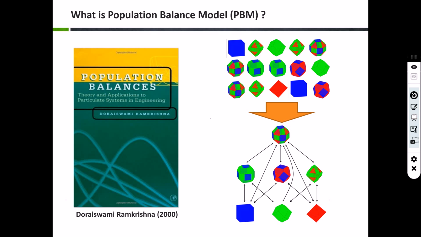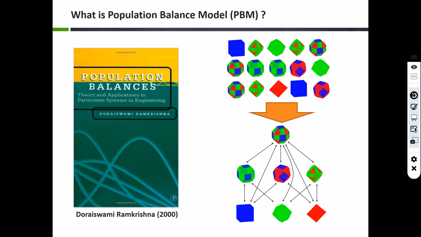But in the population balance model, you can treat, for example, this one here as actually having 3 dimensions. If you want to describe this one, you will describe it in this way. And then for each length or each dimension, you apply the idea of this.